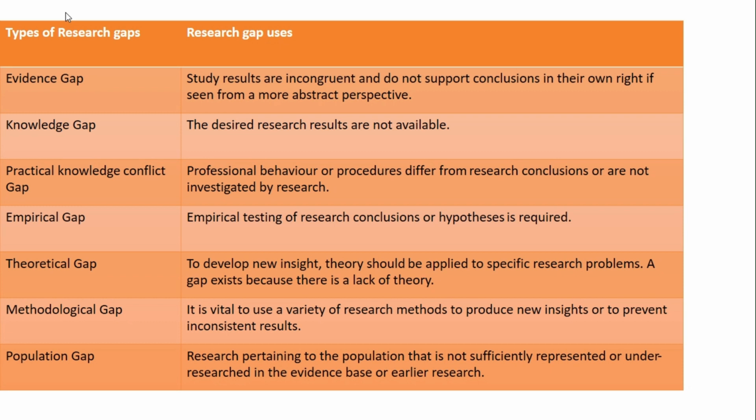The theoretical gap is used to develop new insight: theory should be applied to specific research problems, and a gap exists because there's a lack of theory, right? The methodological gap is used when it is vital to use a variety of research methods to produce new insights or to prevent inconsistent results.